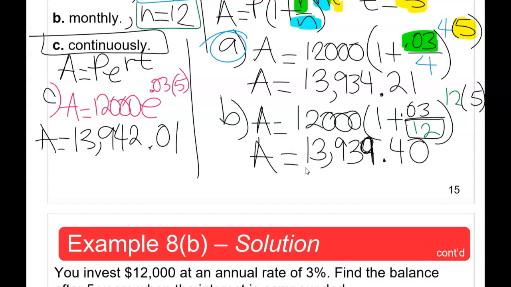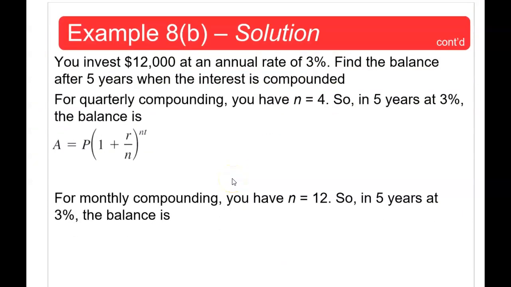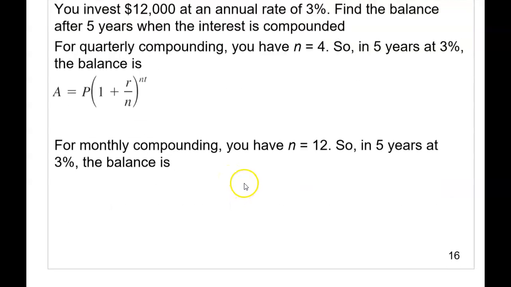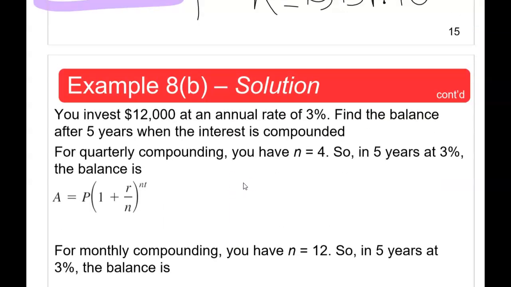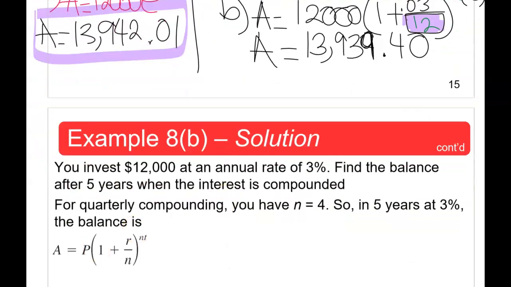And as you could see, as the number of compounding periods increases, the output is also going to increase. We're imagining here that the number of compounding periods is going towards infinity. And so, I think that was just for us to do the solution, but we already did all 3 of them here. So this is the end of the video.